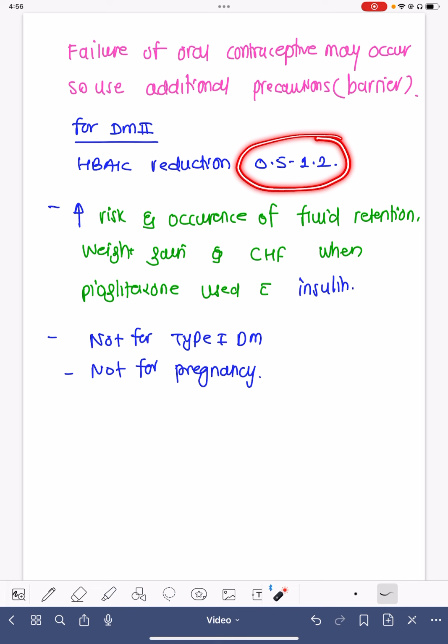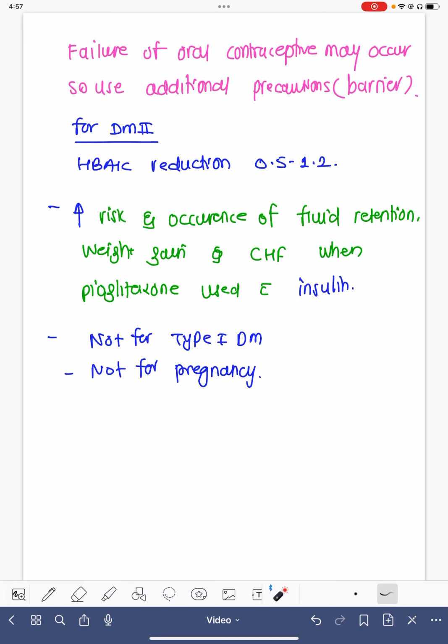For HbA1c reduction, it can give us a reduction of 0.5 up to 1.2%. The risk of fluid retention and weight gain is there, and this risk can actually be markedly increased if it is especially used with insulin.